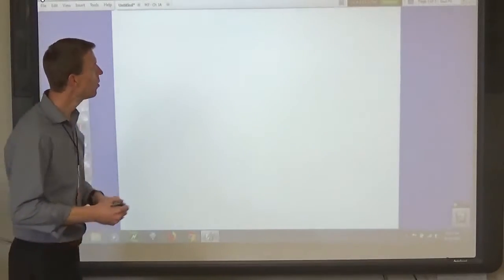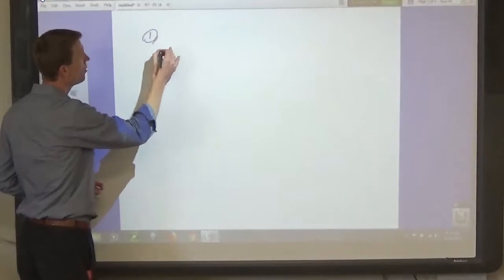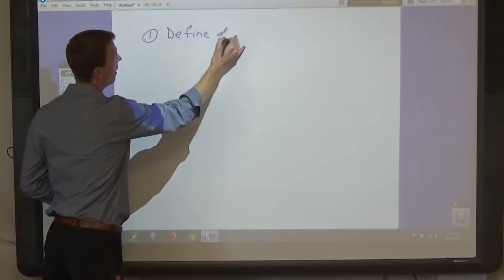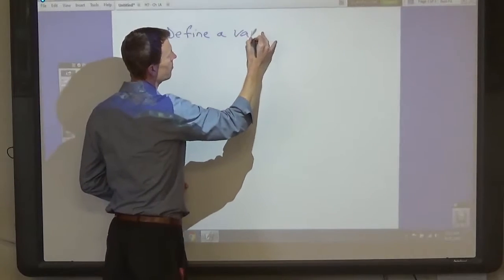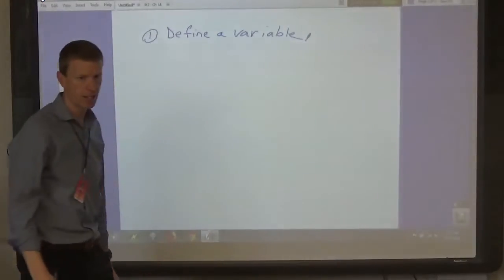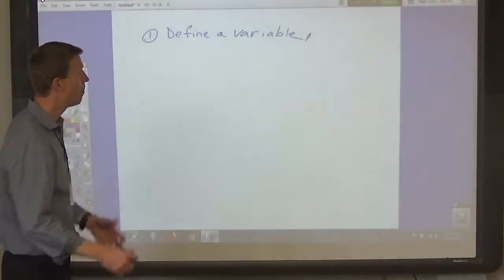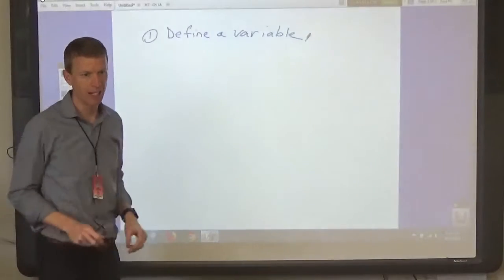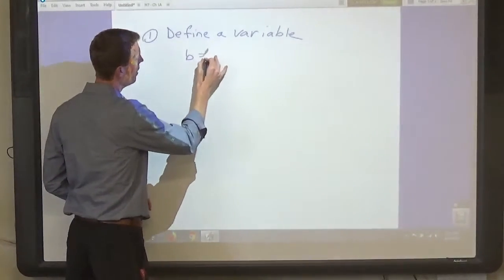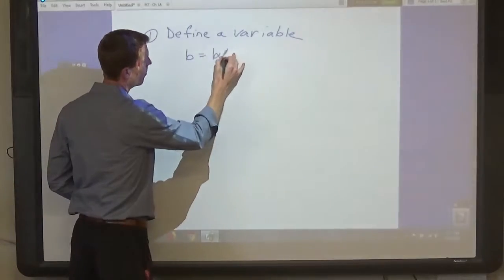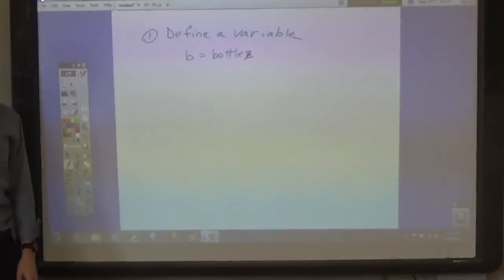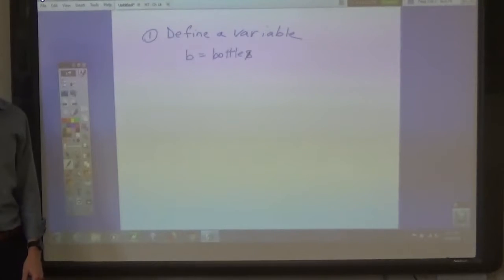It says energy drinks come in cases of 24 bottles. Write a variable expression for the number of cases a store should order to get B bottles of energy drinks. So to get whatever number of bottles they want, what expression would that equal? Well, when you're doing this process, the first thing you have to do is define a variable. We have to write what the variable means in the problem. So they say B bottles, and that B is in italics. So the first thing you need to write for this is B equals bottles. Okay?